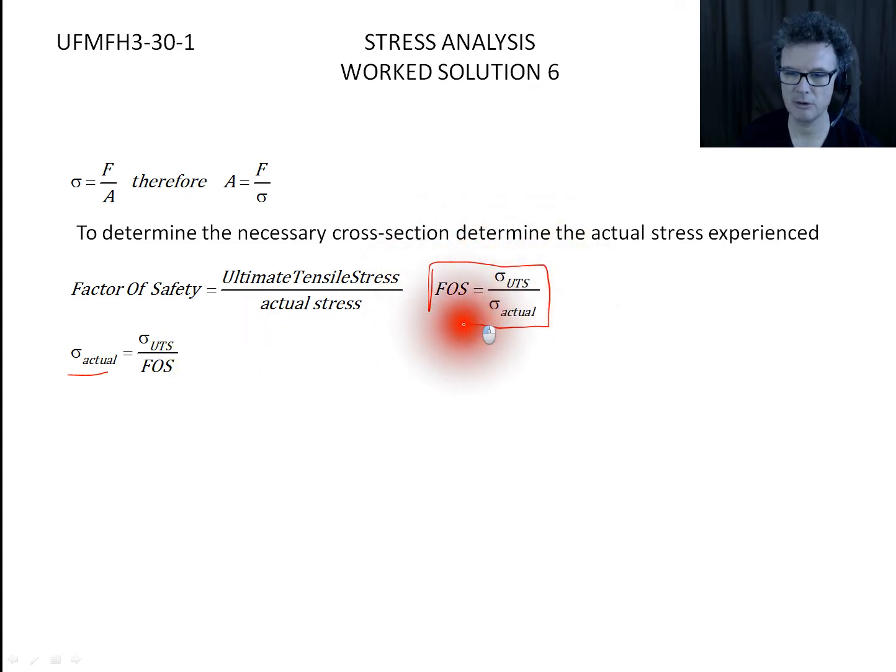So remember that formula there needs to be always bigger than 1. We'll rearrange that so that we find actual stress based upon the material's ultimate tensile stress divided by its factor of safety. So it's going to be less than the ultimate tensile stress, because factor of safety will be bigger than 1.